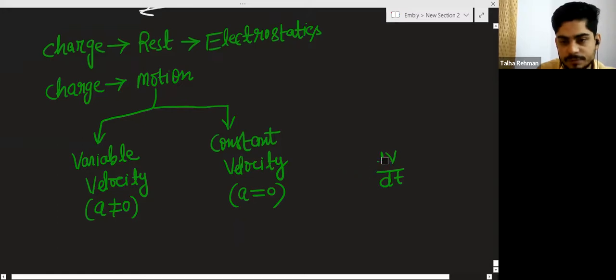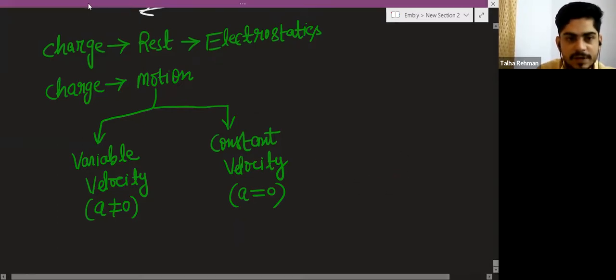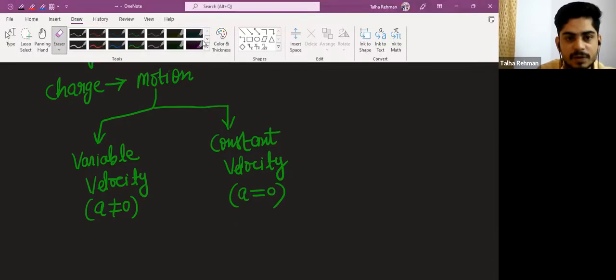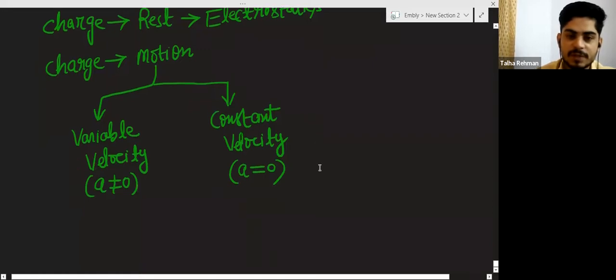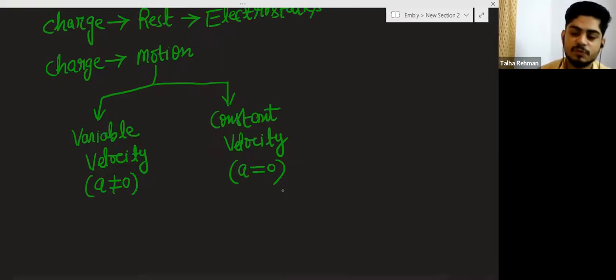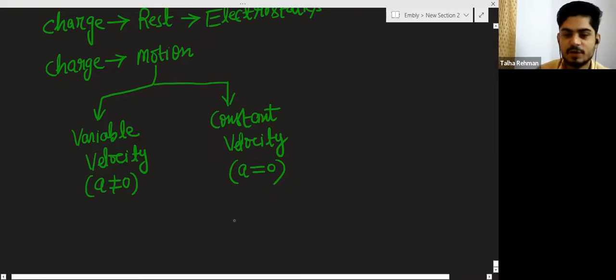In this chapter, current electricity, we will mostly study the charge moving with constant velocity.